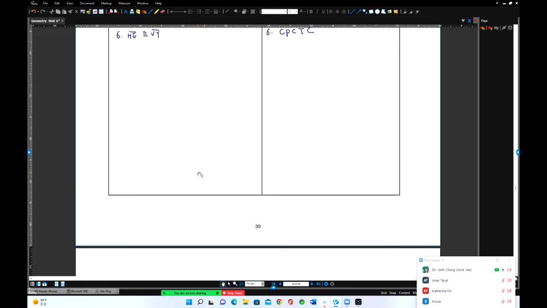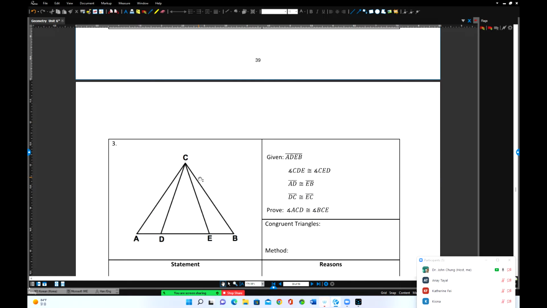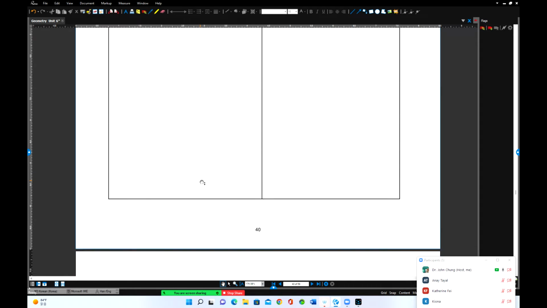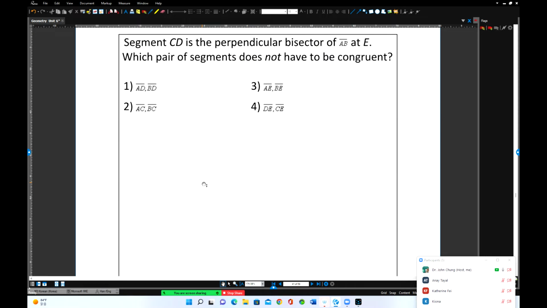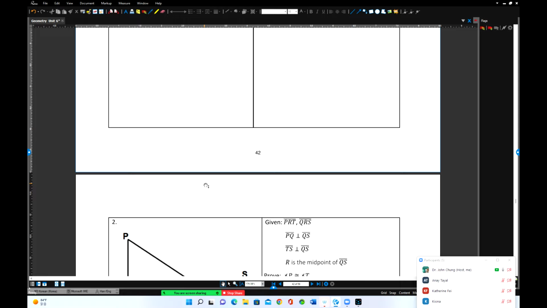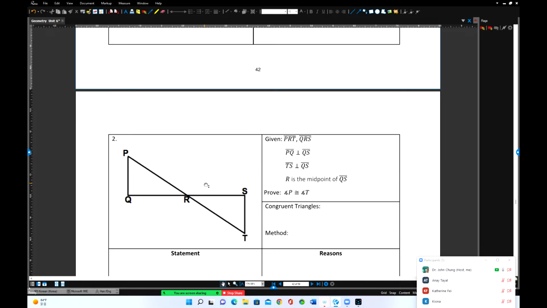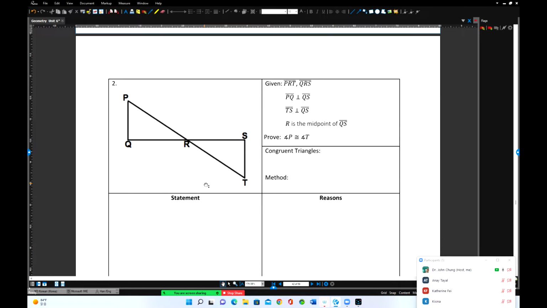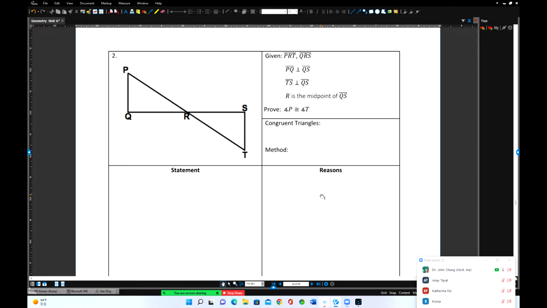Okay, one more question over here. Let me check. This is a little hard one. I'm going to write down here: PRT and QRS are straight lines.